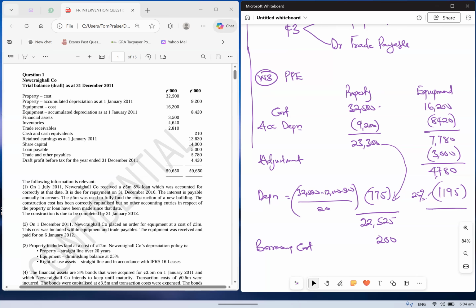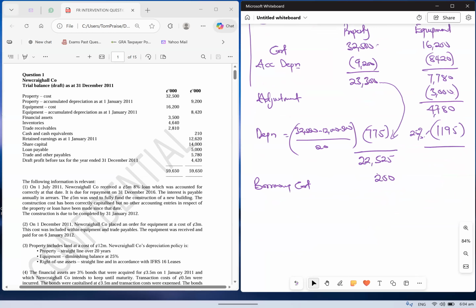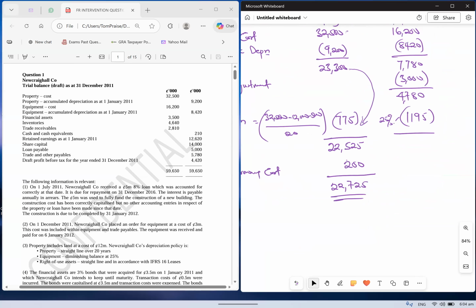We did the 6 months, 6 months, at the end of the year. That is why we are not depreciating the borrowing cost also. So this one is 22,725. All right. What about this one? When we subtract, what do you have? 3,585.